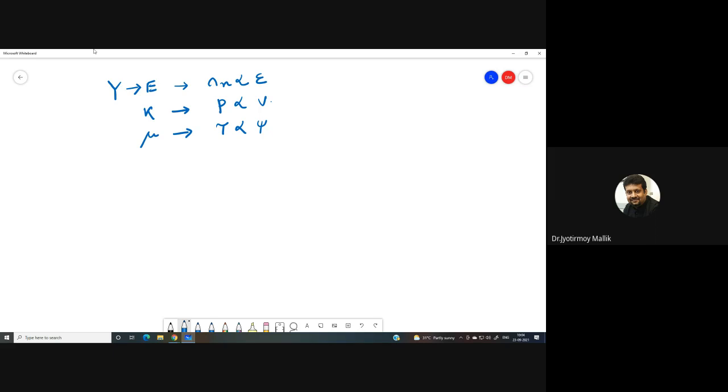Now, these three moduli are mutually related, where bulk modulus can be expressed as Young's modulus times (1 minus 2 eta), where eta is essentially your Poisson's ratio.